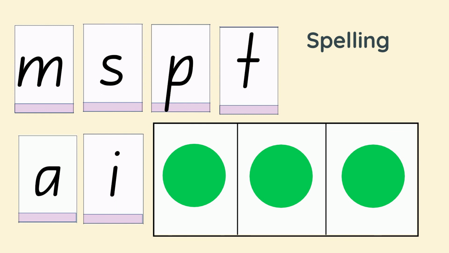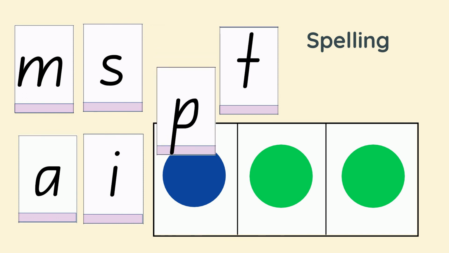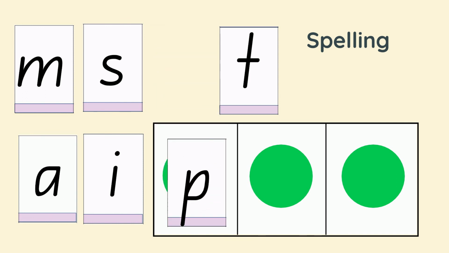Finally, we will spell the word pat. Say pat. Stretch it. P, a, t. So the first sound was P. Touch the letter that matches P. The letter P. So pat, P, a.